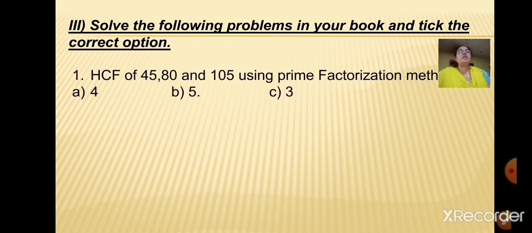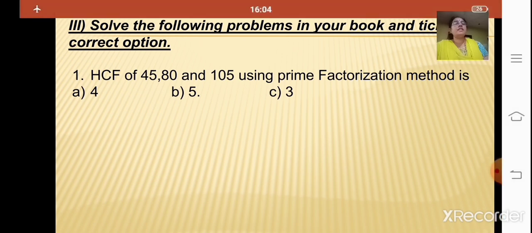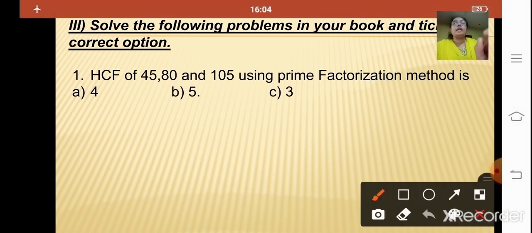So the first sum here for you is: HCF of 45, 80 and 105 using prime factorization method. So here let us solve this first and find which is the correct answer.